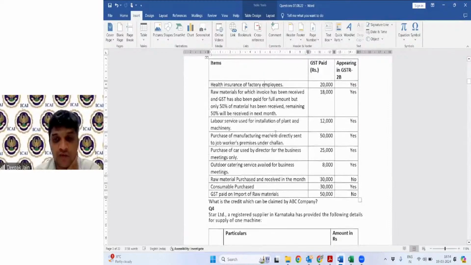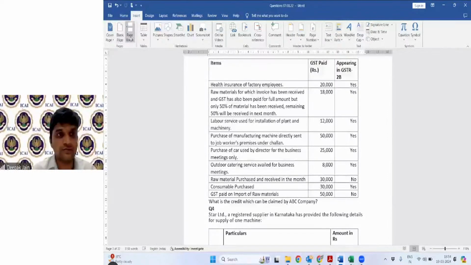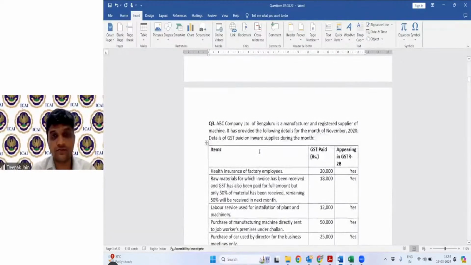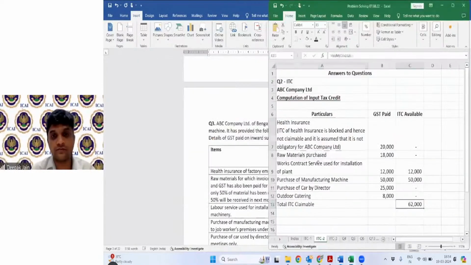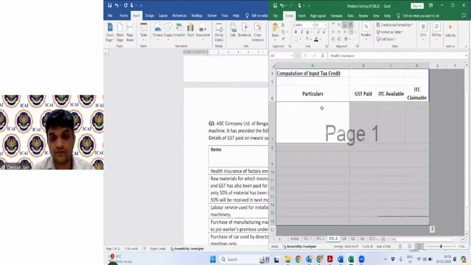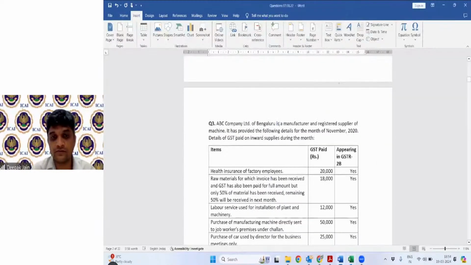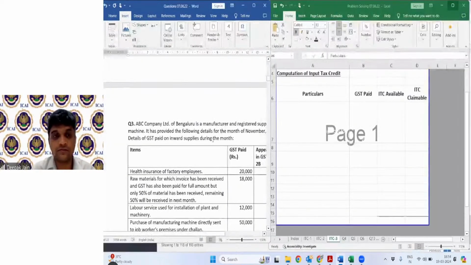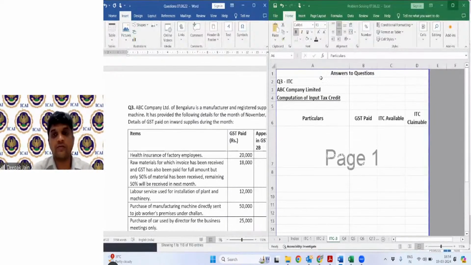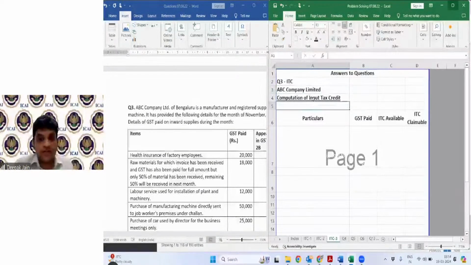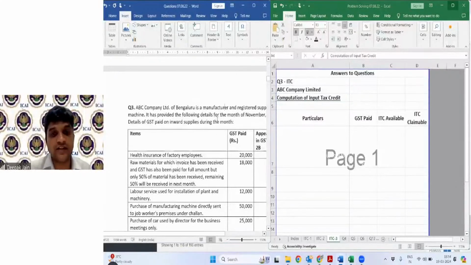So that is the additional information given in this question. Now, same question, we know that. So let us start solving this question. ABC Company Limited, computation of input tax credit.